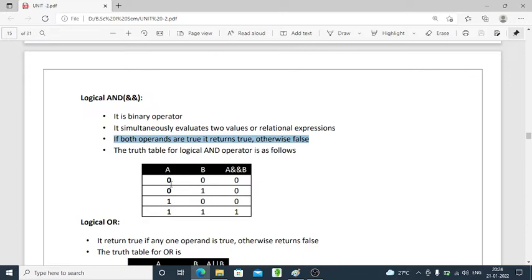In the remaining 3 cases, you will get 0 as the output. So the rule of logical AND is: if two operands are true, then it returns true. Otherwise, it returns false.